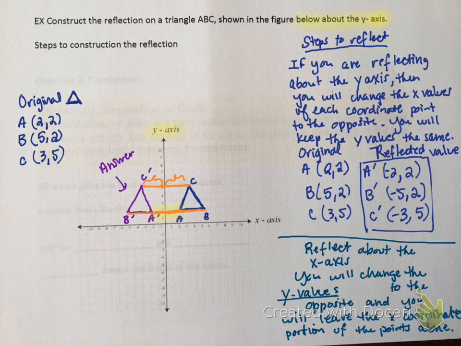Okay, so if we reflect about the x-axis, x values stay the same, change the y's. If you're reflecting about the y-axis, y values stay the same, change the x's. So you do the opposite, change the opposite one.